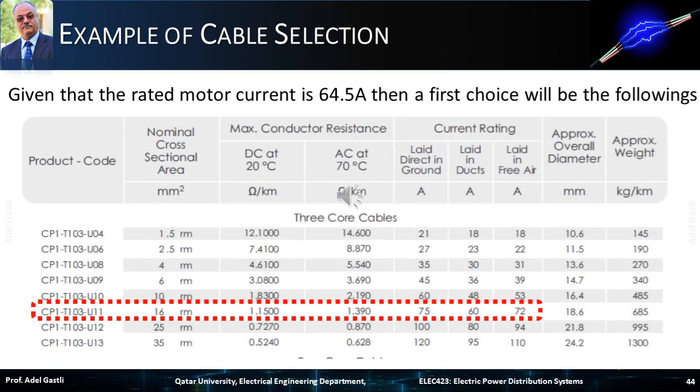Among these values, the closest one equal or higher than the required current of 65.4 amperes is 72 amperes. Thus, the 16 mm² cable is selected based on its ampacity, which satisfies the maximum current demand.